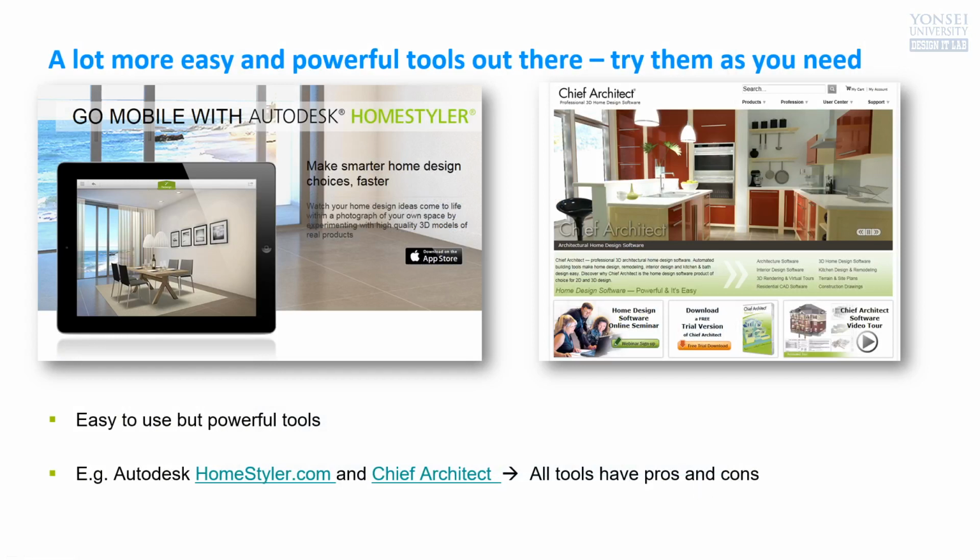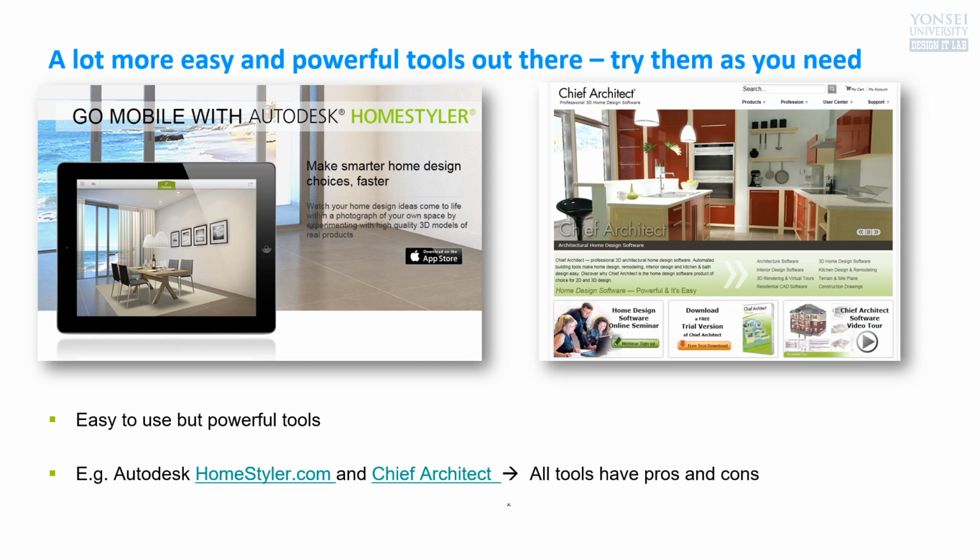But I'm not saying Revit is the world's first, or a really nice tool that you must use only Revit, something like that. I'm not saying that, right? My point is all tools have pros and cons. Revit is good for some parts.